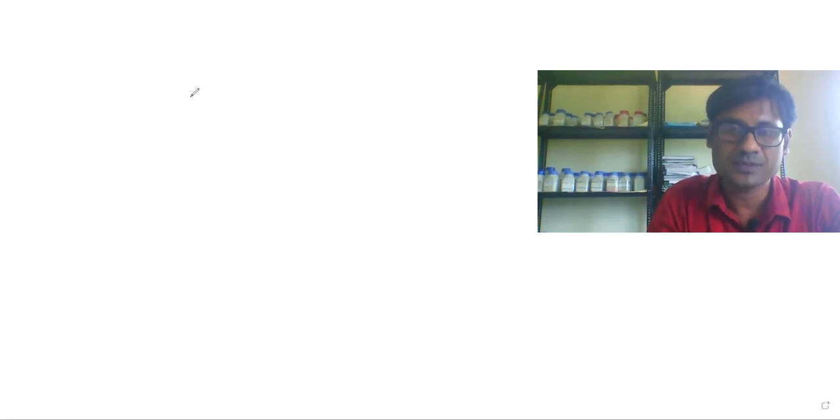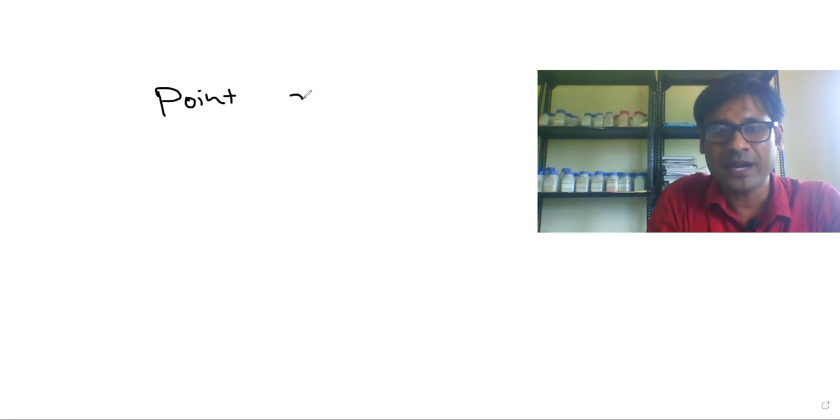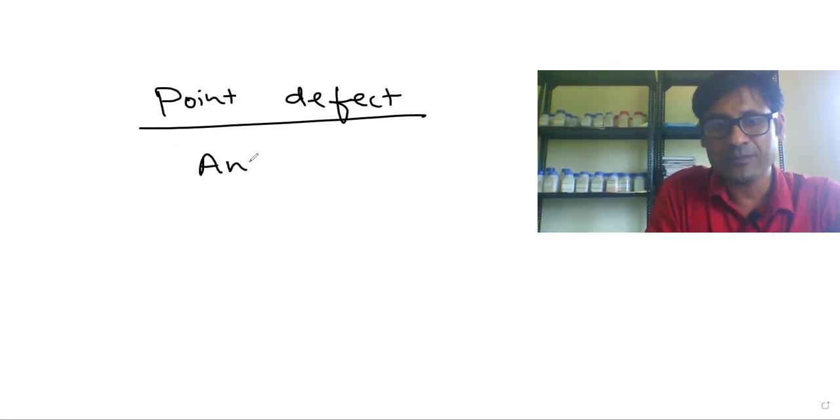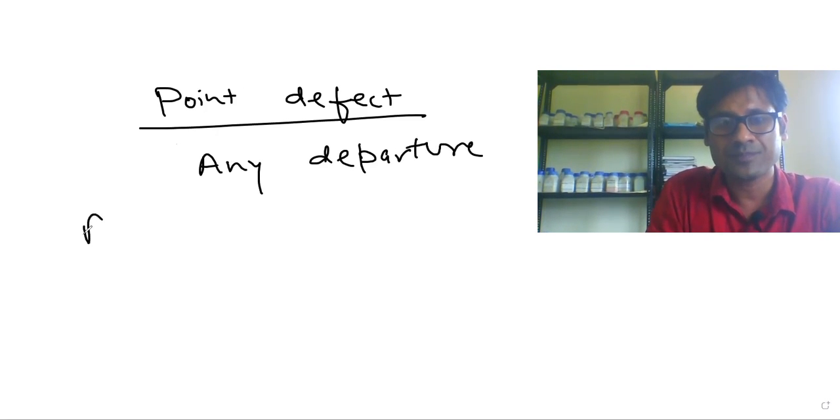Next one is point defect. What is a defect? Defect means any departure of atom, because point defect is also called atomic defect.